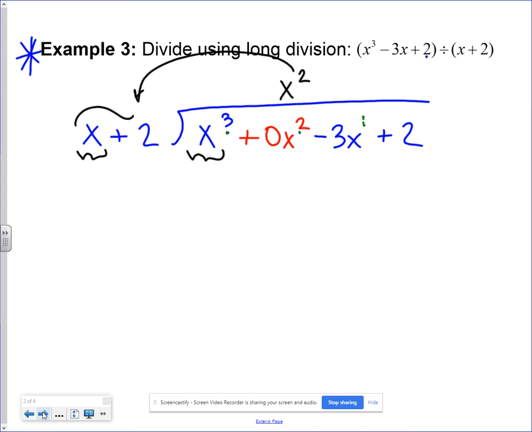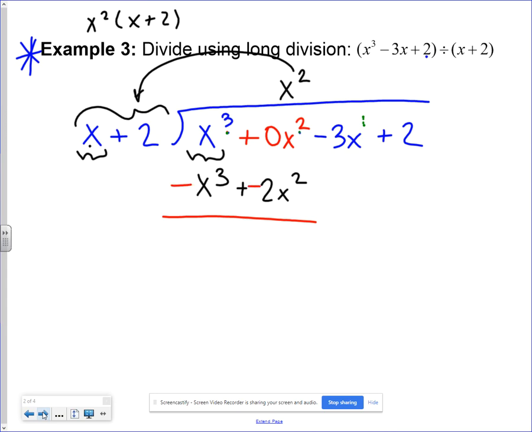I'm going to take this x squared and multiply it by that quantity, the x and the 2. X squared times x gives me x cubed. X squared times 2 gives me 2x squared. Then we're going to draw a line under this and subtract. I've got to subtract this and this.